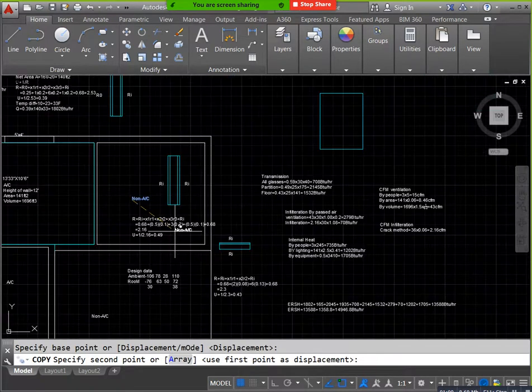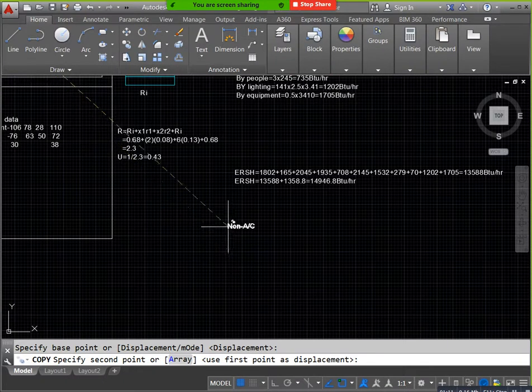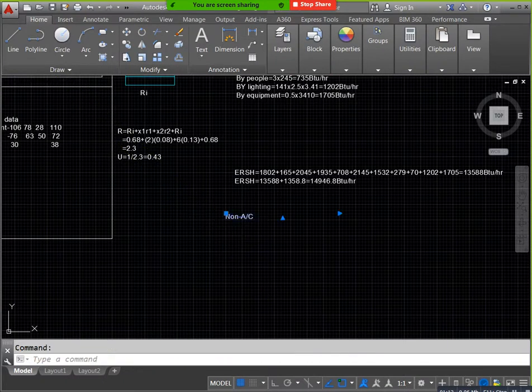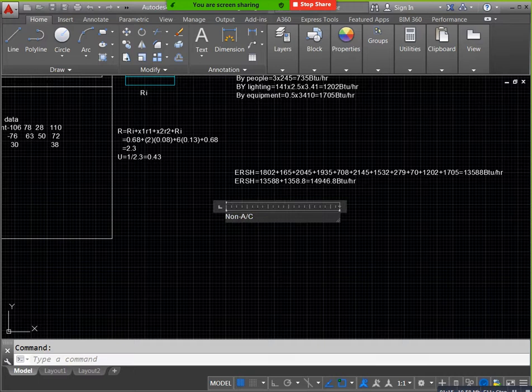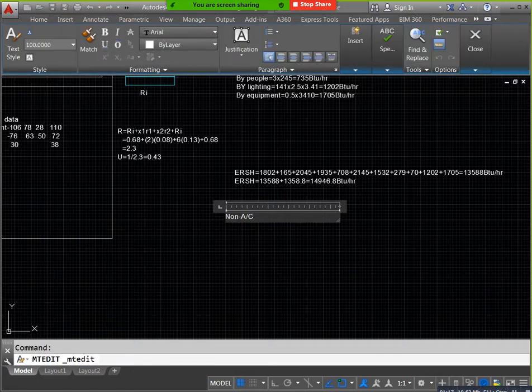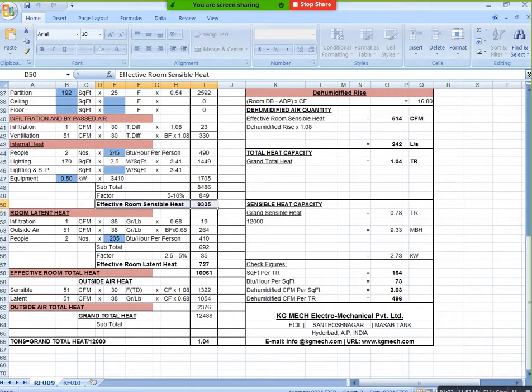See here, complete latent heat. Latent heat is equal, first of all we need to calculate by infiltration.